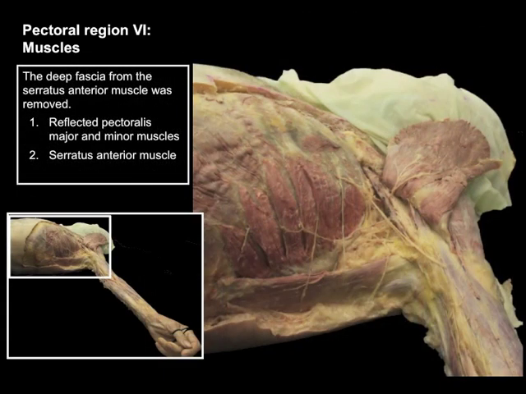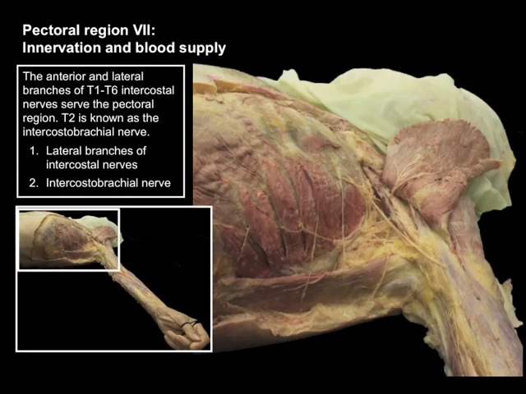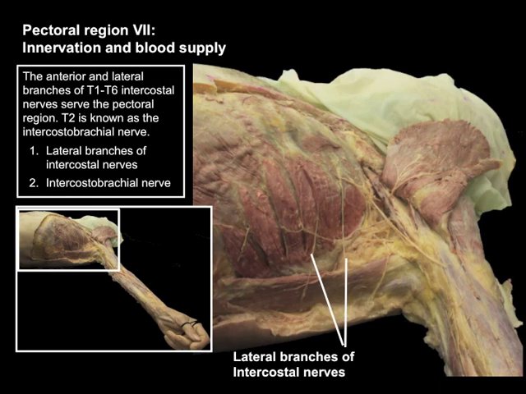The last muscle in this region we need to consider is the serratus anterior muscle. It is best observed after reflecting the pectoralis minor muscle. The serratus anterior muscle is a major muscle used for protracting the scapula. Exiting the serratus anterior muscle along the midclavicular line will be numerous small nerves.